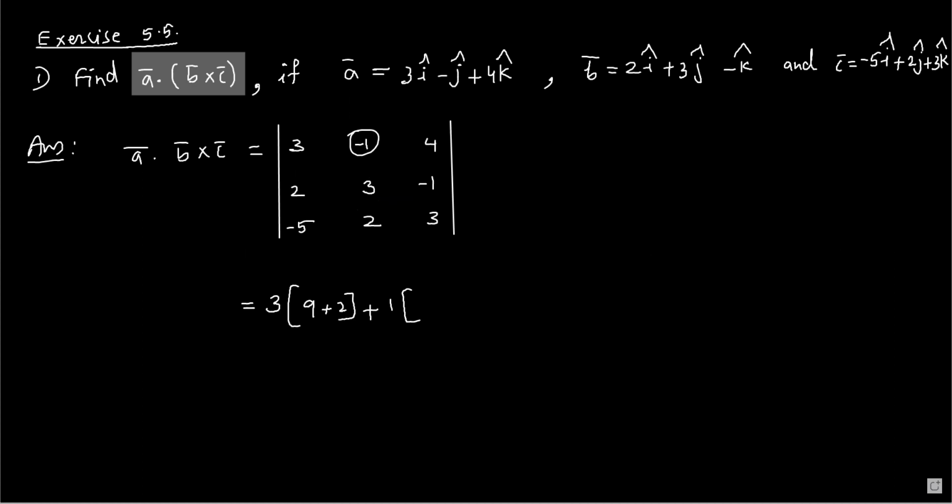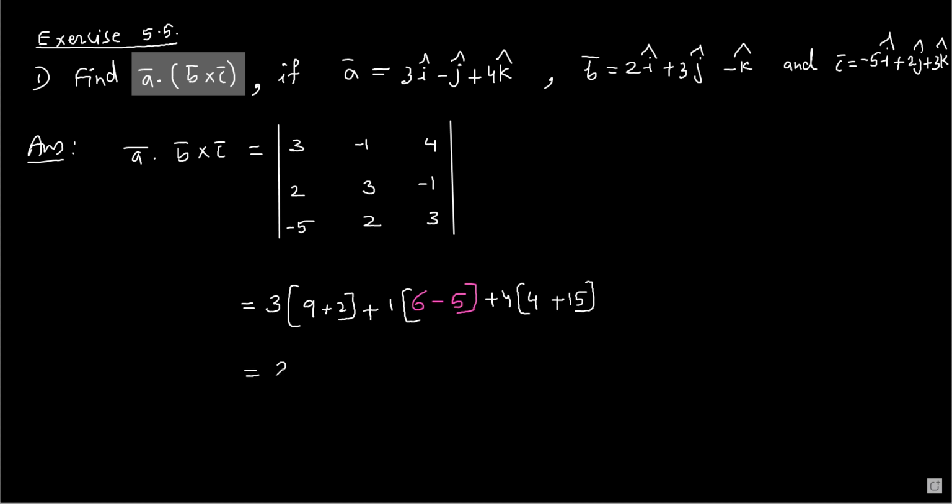So it is 2 into 3 minus of minus 5 into minus 1. So you get 6 minus 5, see, minus 5 into minus 1 is plus 5. Then you have plus 4, and you ignore this row and this column. So you get 4 into 4 minus of minus 15, that is plus 15.